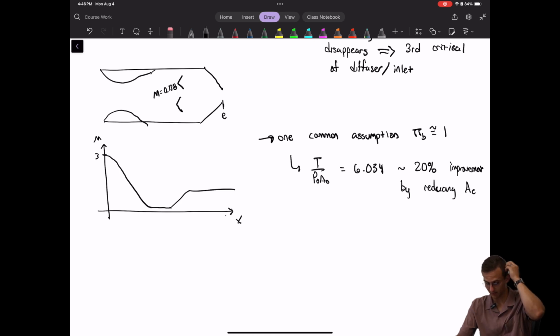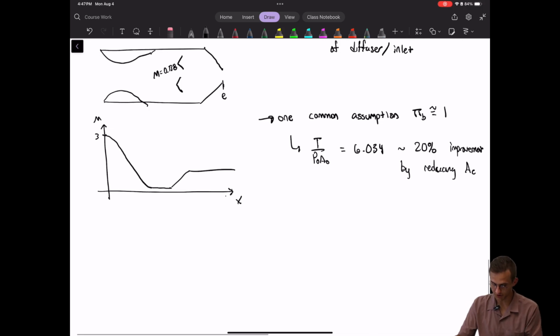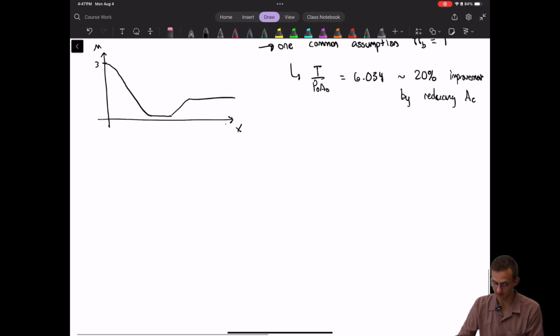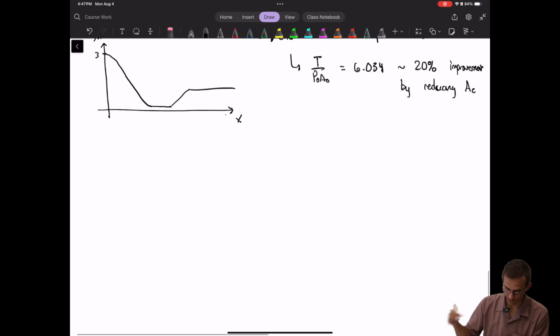Now we don't have a shock, and we have this smooth decrease of the speed through the diffuser operating at the third critical, and no shocks in the system, and we have this thrust of 6.034. So that brings us to the ideal ramjet.